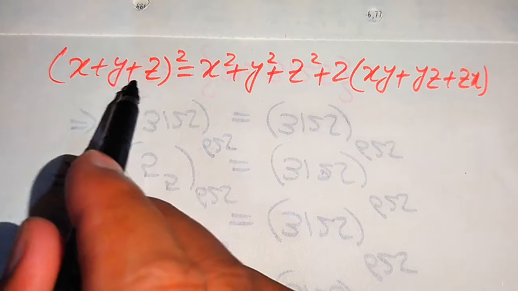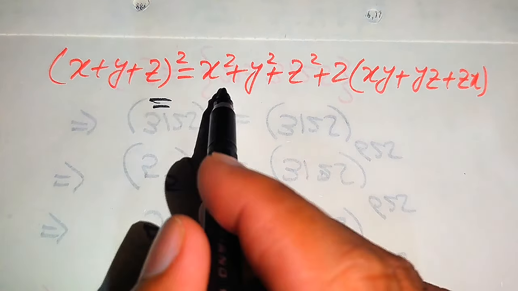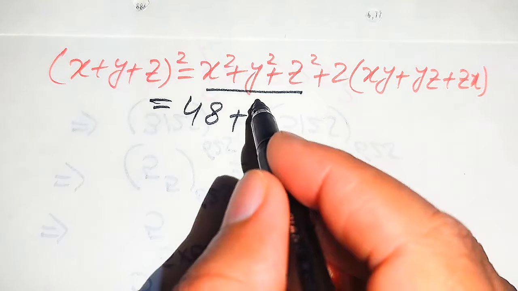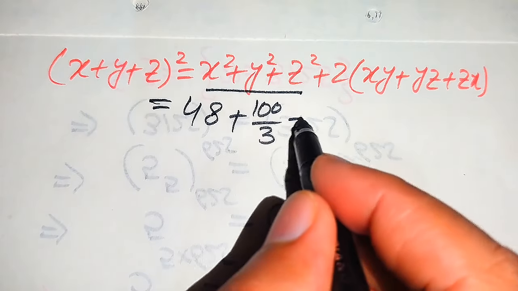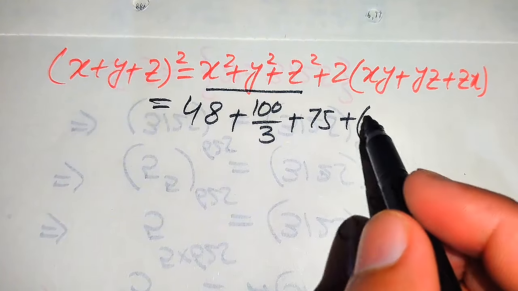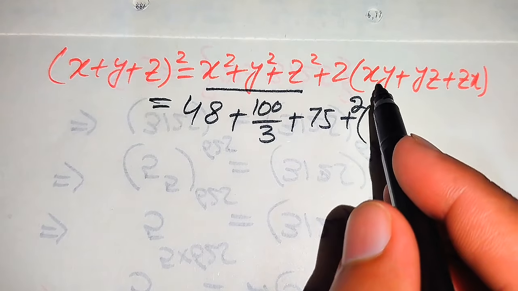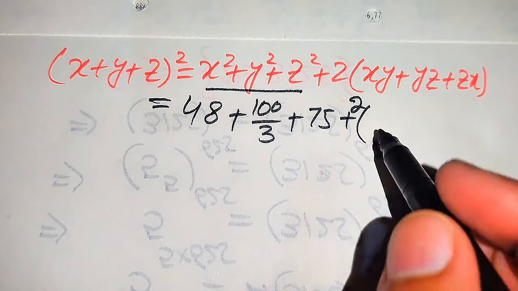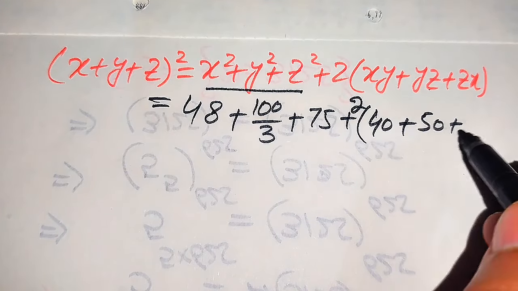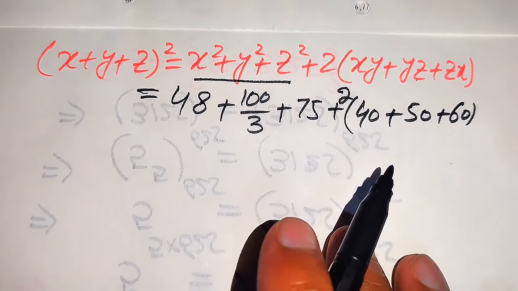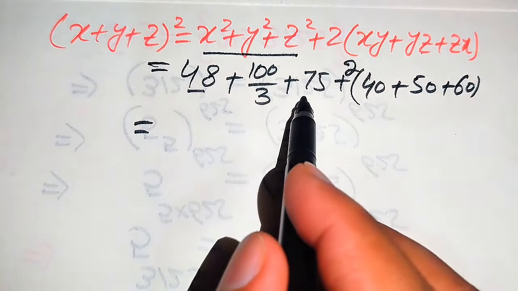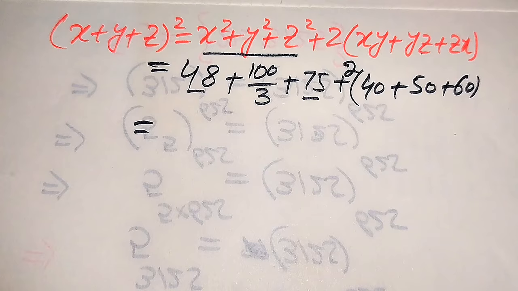So we need to find the sum of x plus y plus z. We write it as it is, and the values of these three squares are 48 plus 100 over 3 plus the value of z square is 75, and plus 2 times the sum of xy, yz and zx. The value of xy is 40, yz is 50, and zx is 60. So here we need a little bit of simplification, and first we need to add 48 and 75.